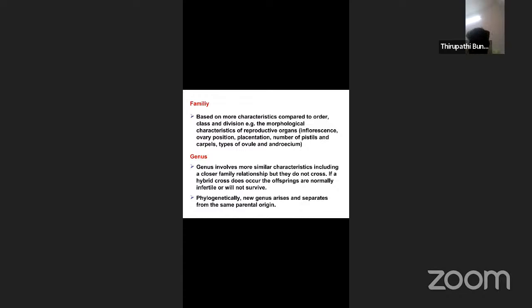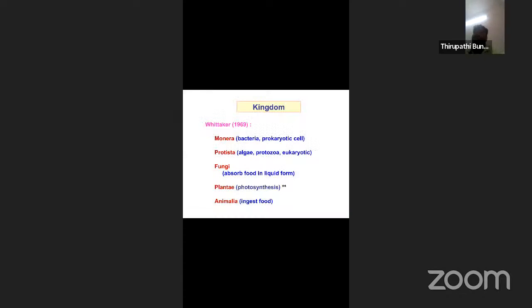The kingdom is divided into 5 categories by Whittaker: Monera, Protista, Fungi, Plantae, Animalia.